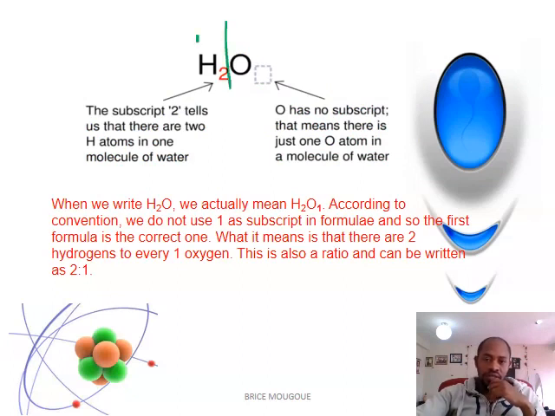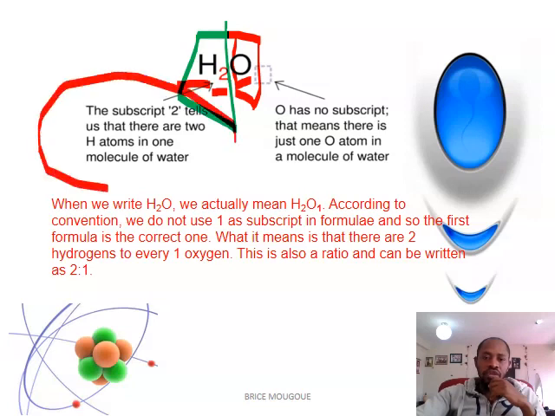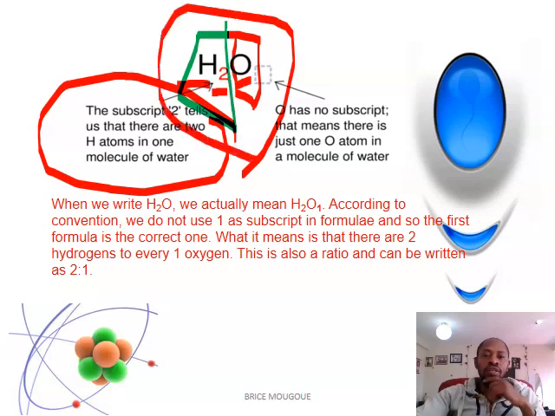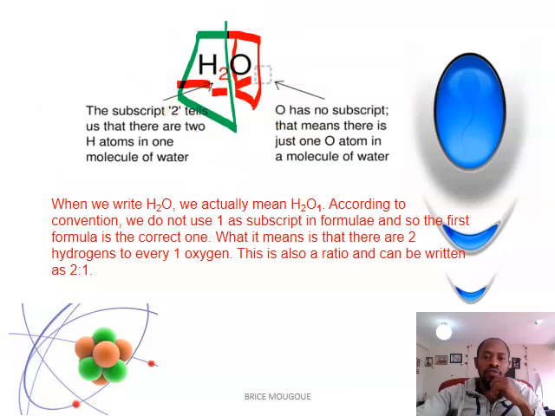Notice, we have hydrogen and we have oxygen. Okay, 2 hydrogen atoms, 1 oxygen atom. The subscript 2 tells us that there are 2 hydrogen atoms in 1 molecule of water.